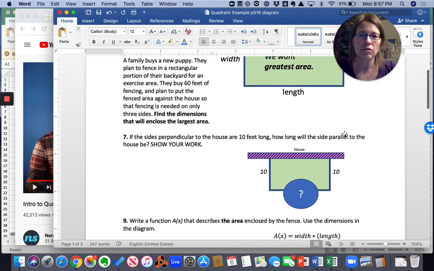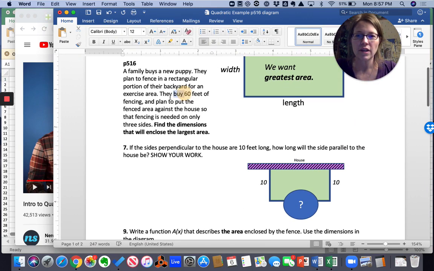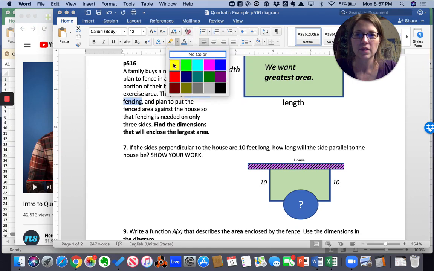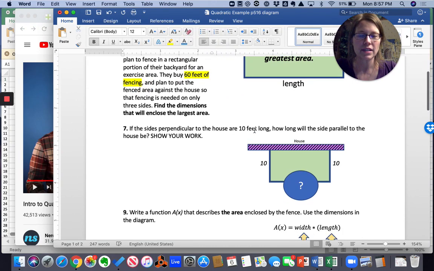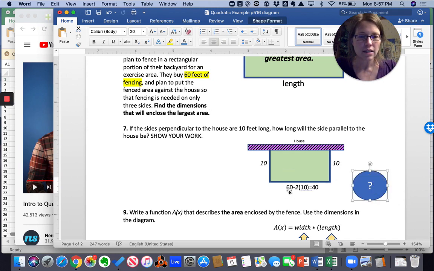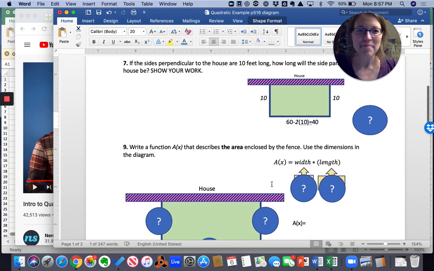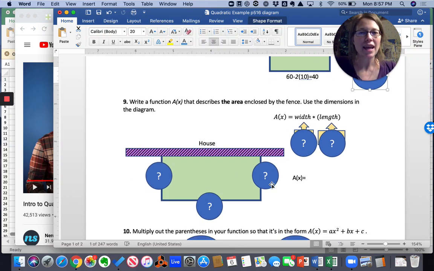So recall we've got 60 feet of fencing. 60 feet minus this 10-foot side minus this 10-foot side. 60 minus 2 10-foot sides. We've got 40 feet left for this length side.